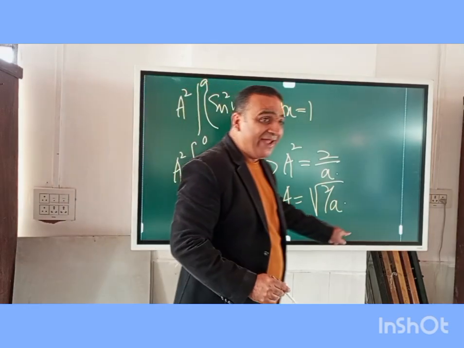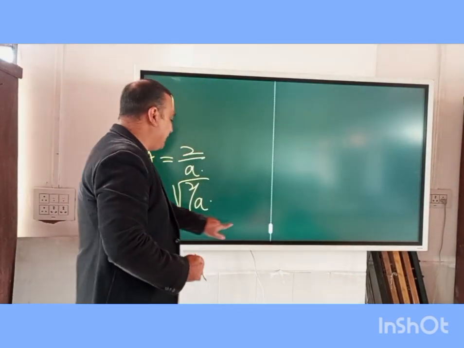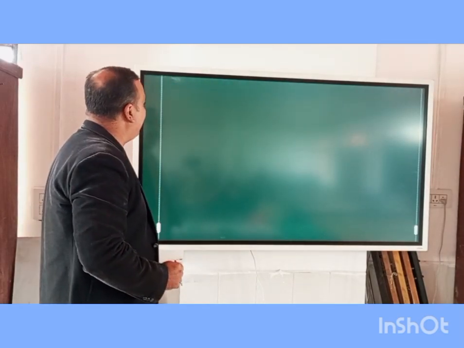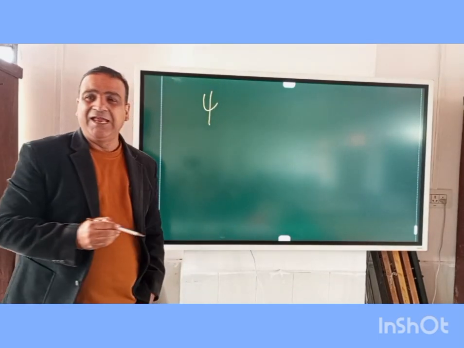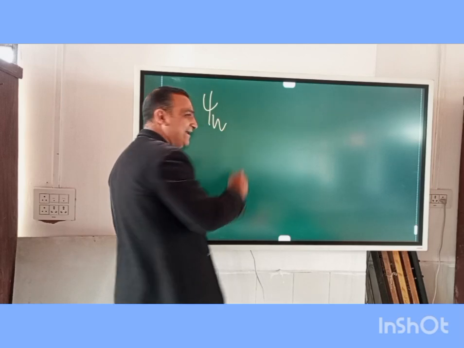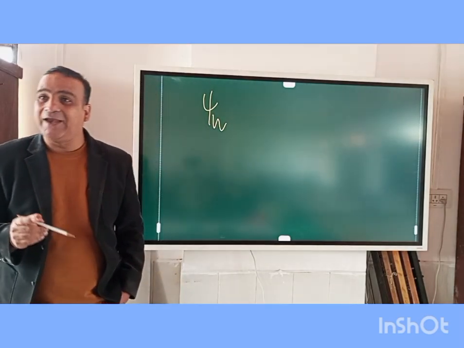So I can write down the wave function for my particle in this infinite square well. What will be my wave function? It will be right to write psi n, because I found that the wave function is dependent on n.